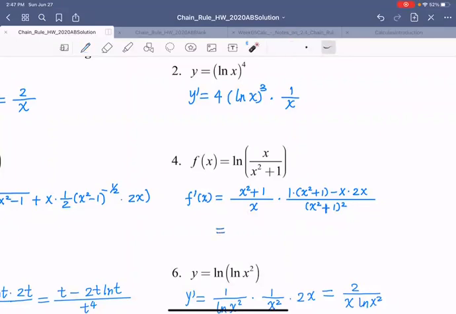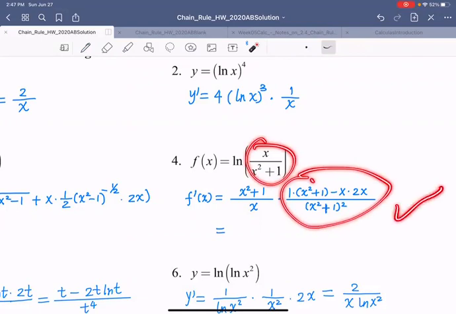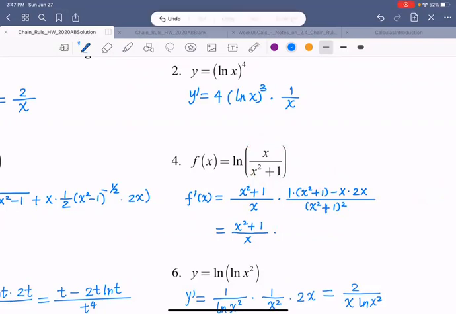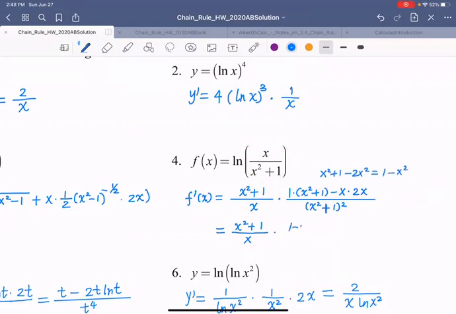Since we take care of this in one step by the quotient rule, we don't need to do any further thing. We just stop here, but we can simplify. The numerator is x squared plus 1 minus 2x squared, which gives you 1 minus x squared.